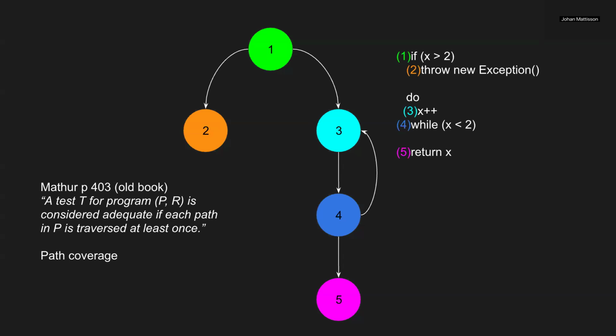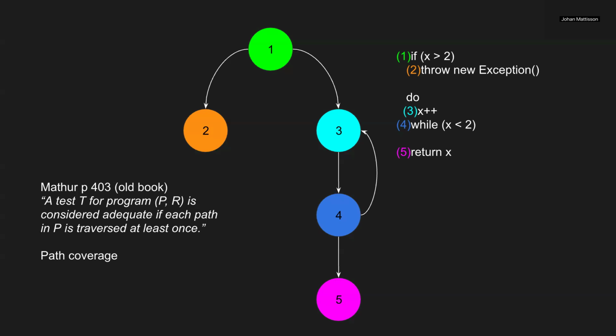What we want to do is visit as many of the paths in the program as possible. This is something you've probably figured out with unit tests. If you have an if statement, we want a test case that goes into the if statement, and one that doesn't.